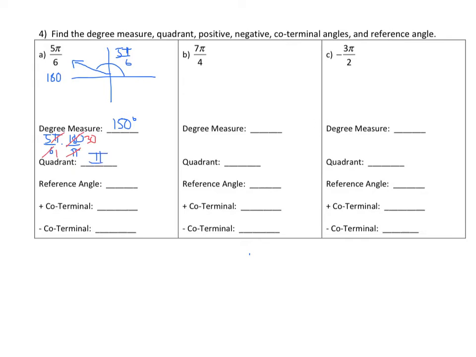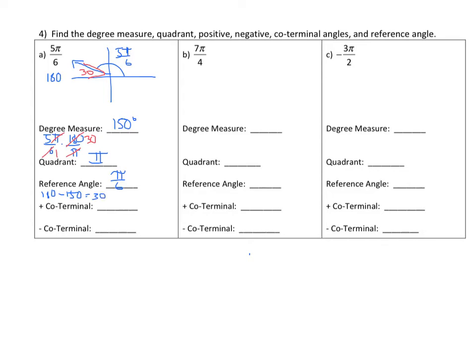Now, the reference angle in degrees is 30, which is equivalent to pi over 6 in radians. So you always want, if you are given an angle in radians and you're asked for a reference angle, you would also give it in radians. Another way to think about how to find that reference angle, when I did it in degrees, I did 180 minus 150, which is 30.